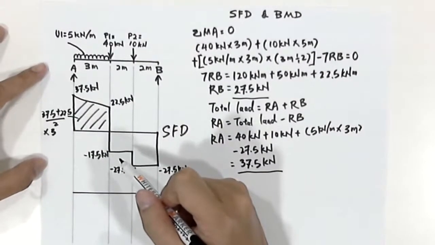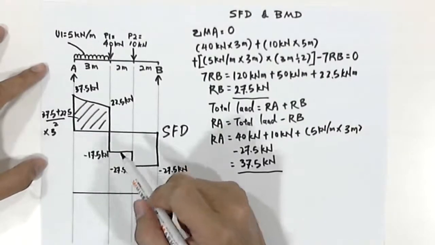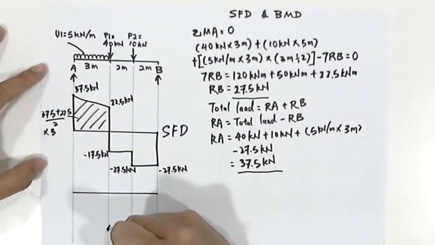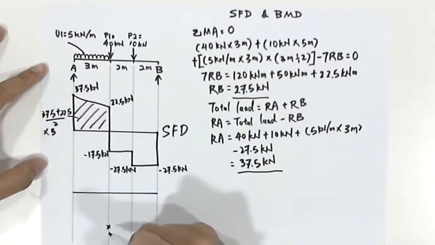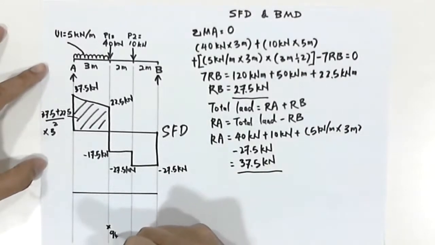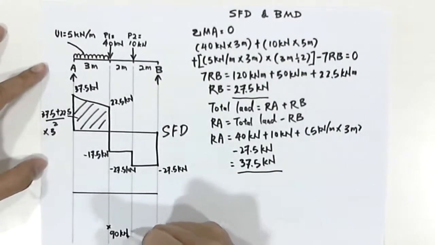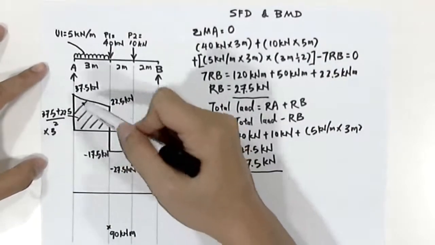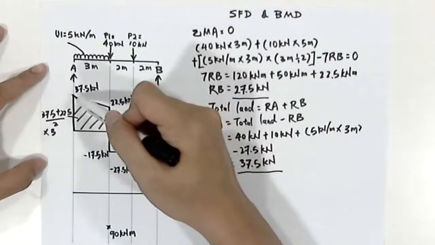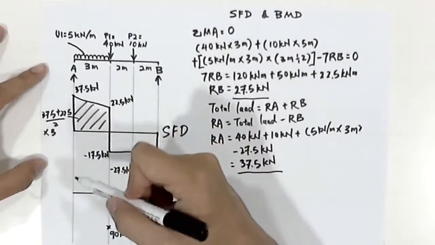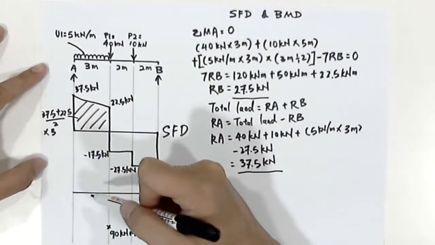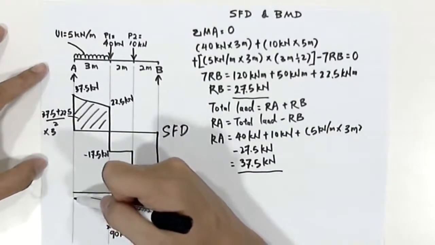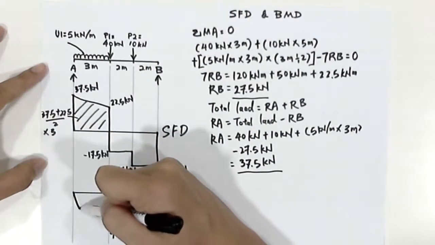The answer will be 90 kilonewton meter. 90 kilonewton meter. And by looking at this diagram, if the line here is a linear line, in the bending moment diagram we'll draw a curved line.